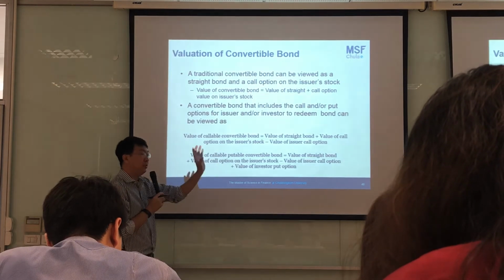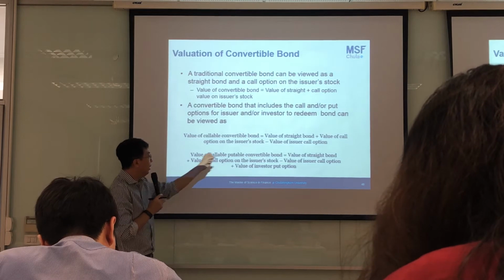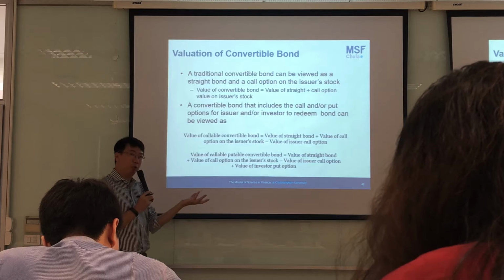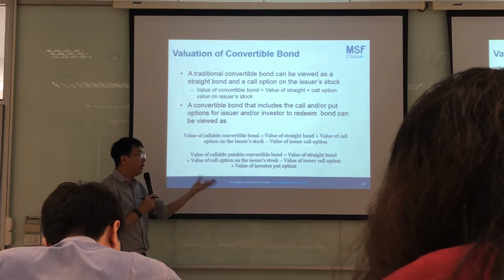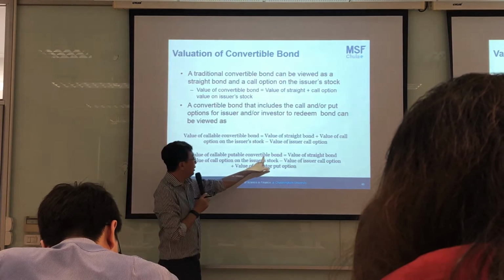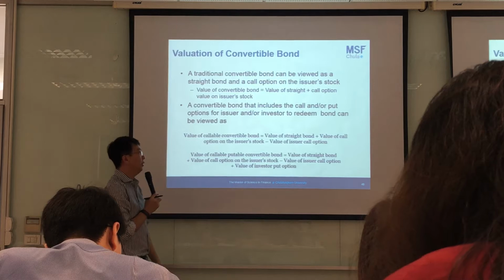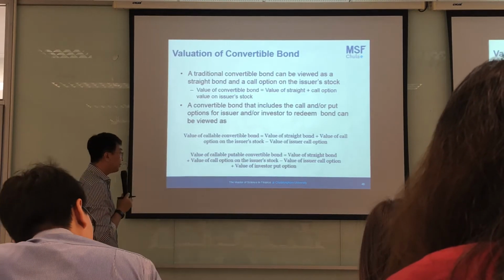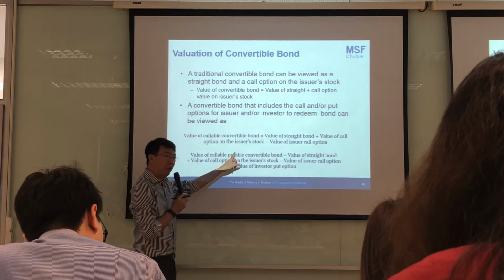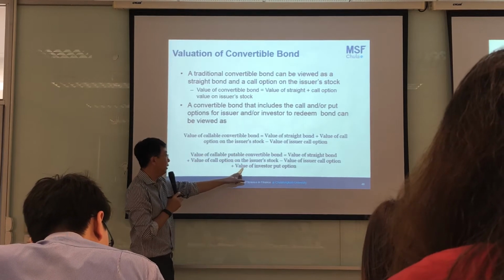The callable is for the bond issuer, who can buy back the bond. The put provision is for the bondholder, who can sell the bond back to the bond issuer. But this other one is the option on the stock, the convertible. Because the put provision is for the bondholder, they have to pay the bond issuer for it.